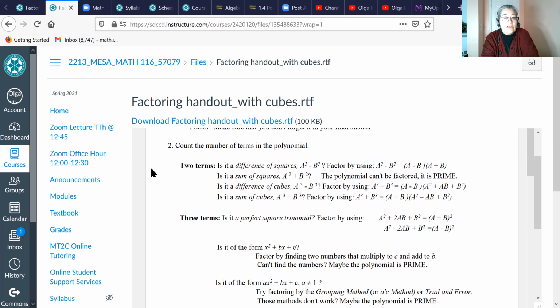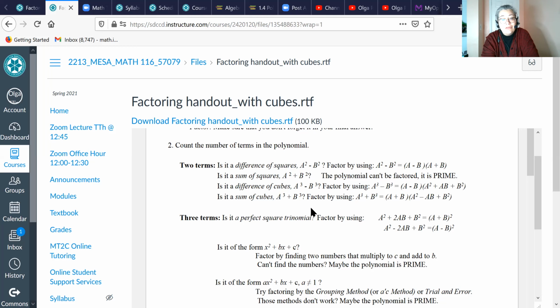So if there is a two-term polynomial, then it could be a difference of squares, a sum of squares, difference of cubes, or sum of cubes. And we have formulas for each one of them, except the sum of squares is a prime, not factorable.